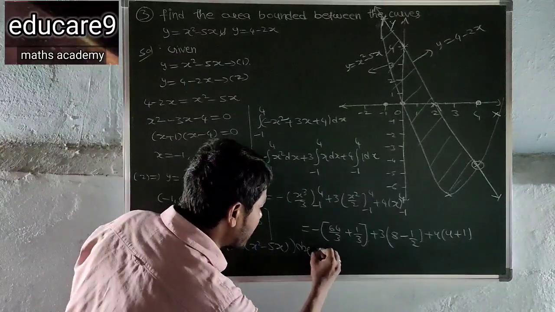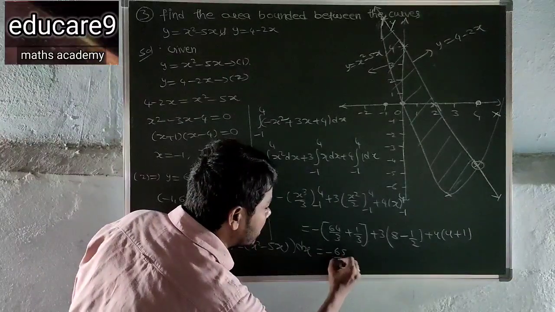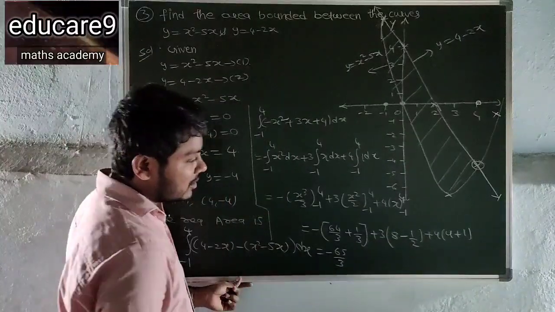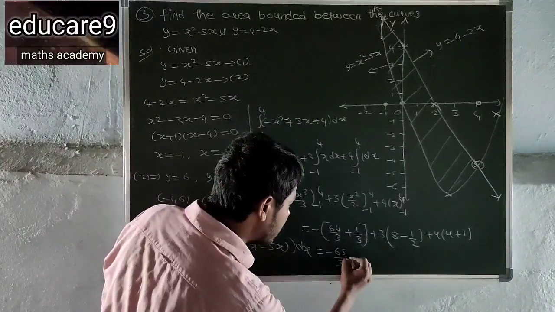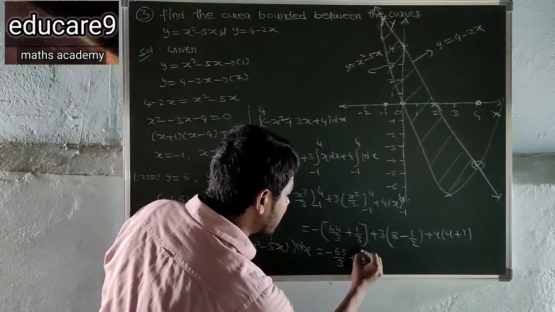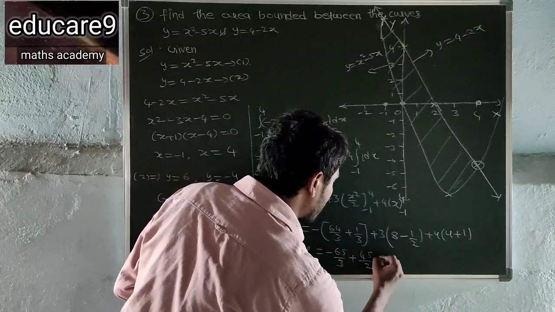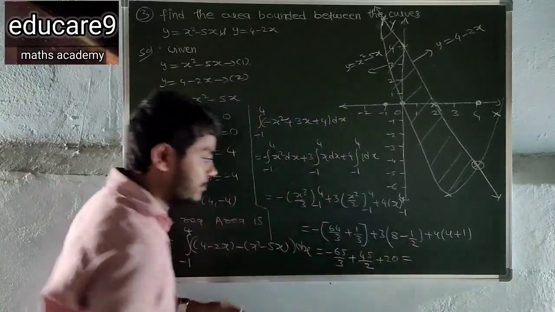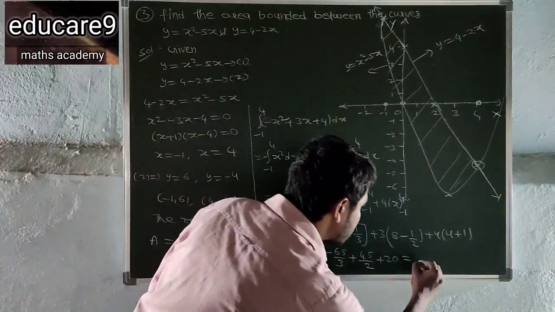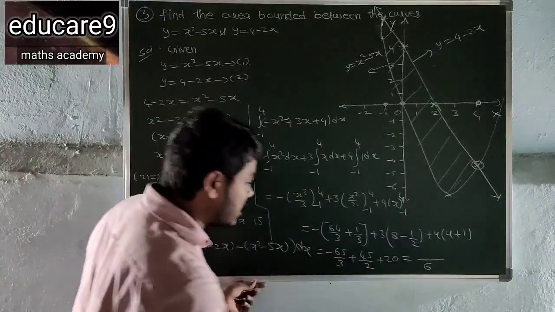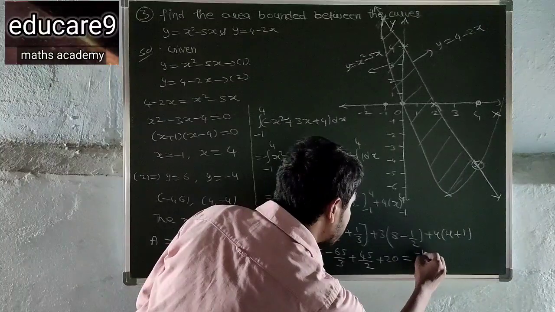So this is minus 65 by 3. Now this is 16 minus 1, 15 by 2. So 15 into 3, 45 by 2. And this is 5 into 4, 20. Okay, so clearly the LCM is 6. So 2 into 65, minus 130.